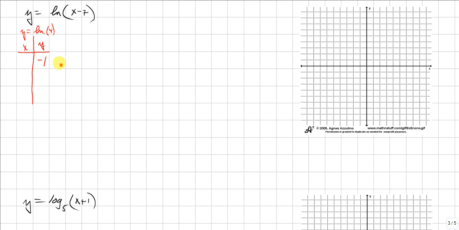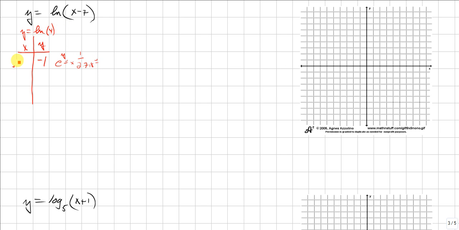Okay, let me show you again how we do that. I pick the y, and that's e to the y, so e to the y is equal to x. If I put negative 1 for y, I get 1 over 2.718, which is equal to 0.37.